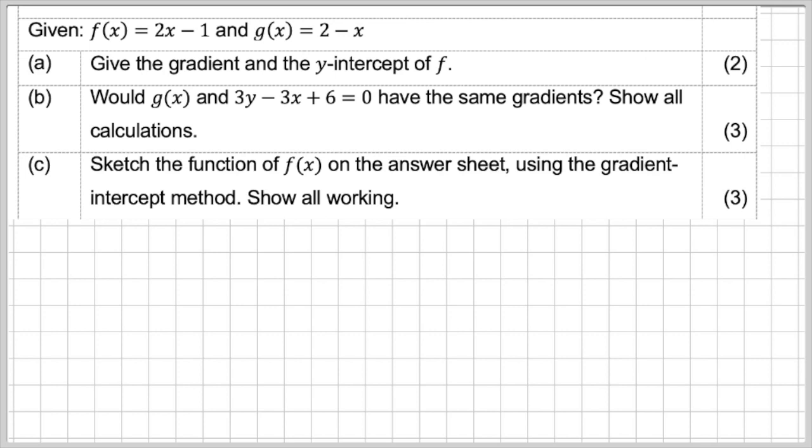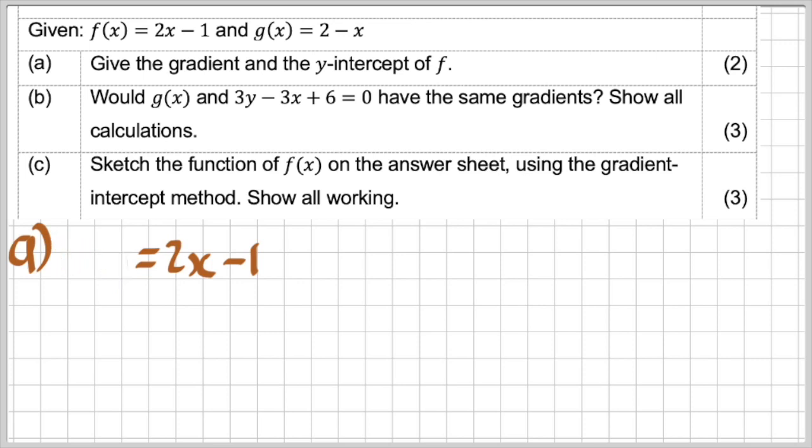When I look at a question like this, I love that you need to know your theory, grade 9. You need to know your theory. So I'm going to start off by just writing out the equation. It says give the gradient and the y-intercept of f. Remember, f of x represents y, okay?